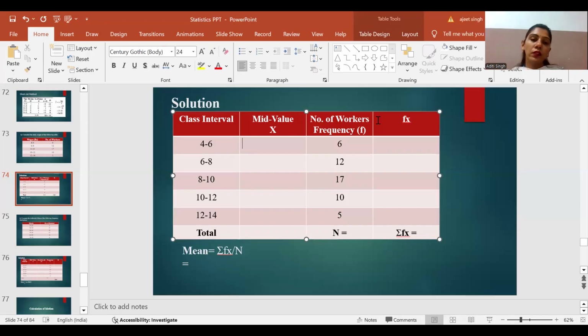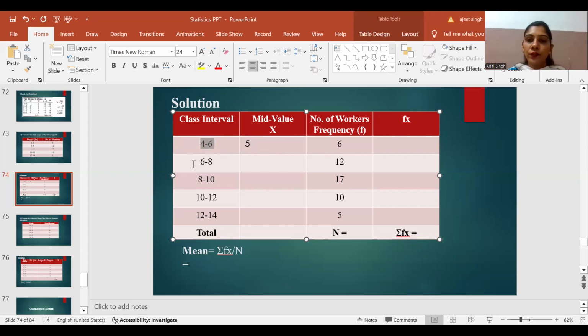In the first section, the lower limit is 4 and the upper limit is 6. We add these and divide by 2: 4 plus 6 is 10, and 10 divided by 2 is 5. So 5 is the mid value of this class interval.